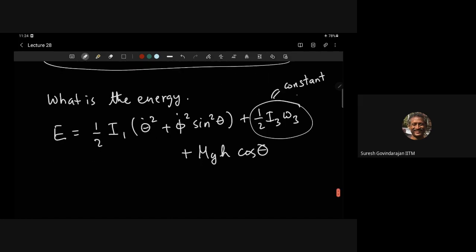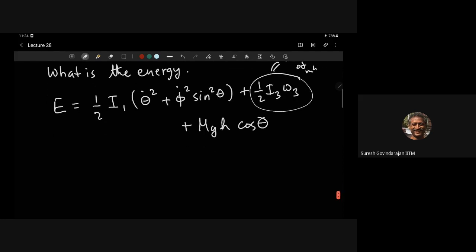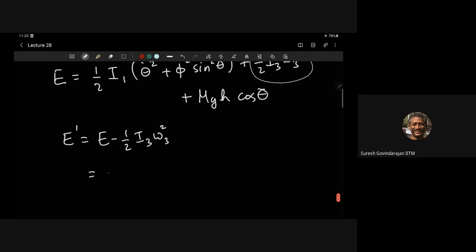So I can define E prime, dropping this constant.